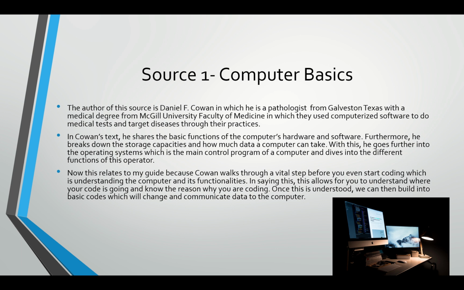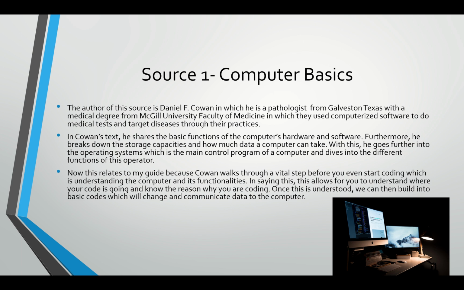Essentially, his text shares basic functions of the computer's hardware and software. He goes into detail about the different storage capacities within a computer, as well as specific detail about the operating system, which is essentially the mainframe and the main control program of a computer. And he dives into the different functions of this operator.